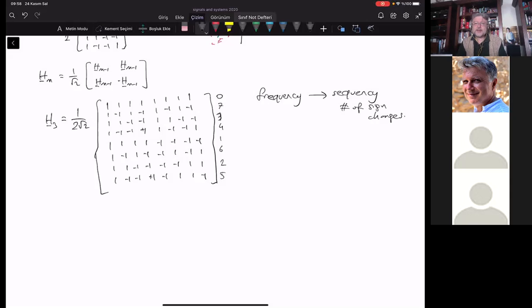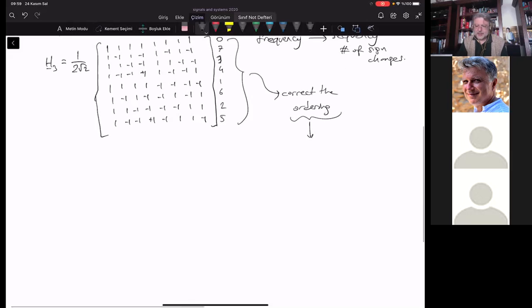If you don't do the shuffling, you have to be careful about which is where and things like that. But the construction is like that. So you may want to correct the ordering, and then it becomes the actually used Hadamard transform, which is also known as the Walsh-Hadamard transform.